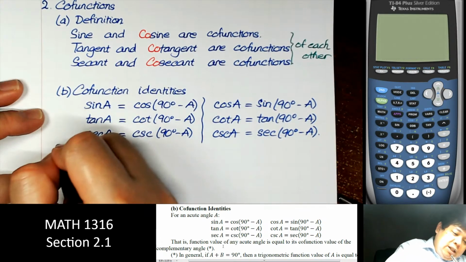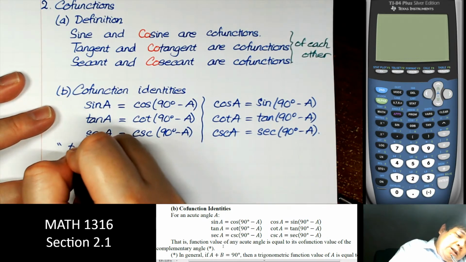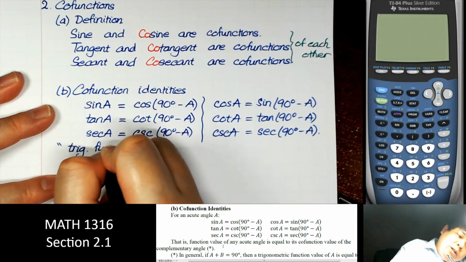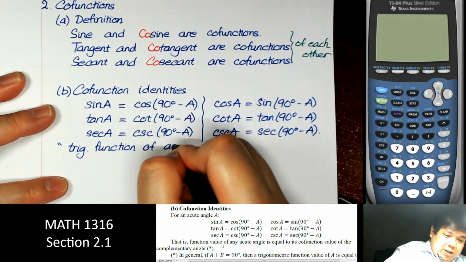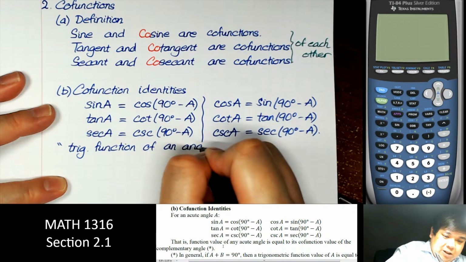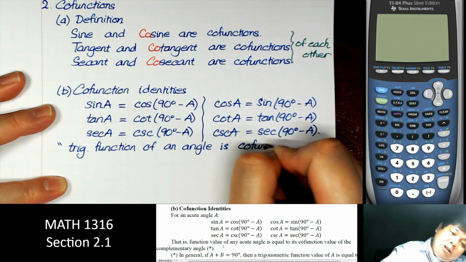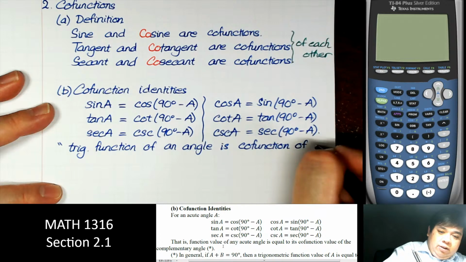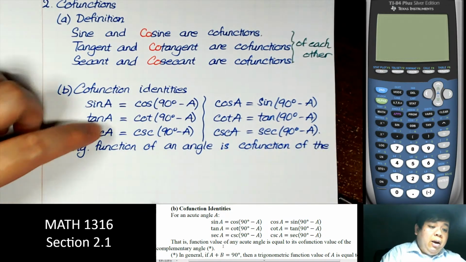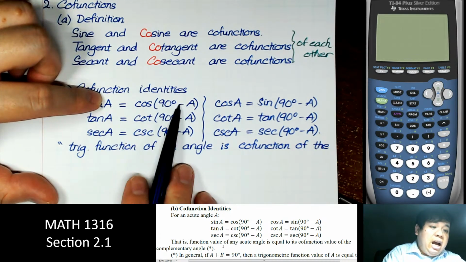So we will say a trig function of an angle is a cofunction of the, by the way, A and 90 minus A, meaning that those two angles add up to 90 degrees.